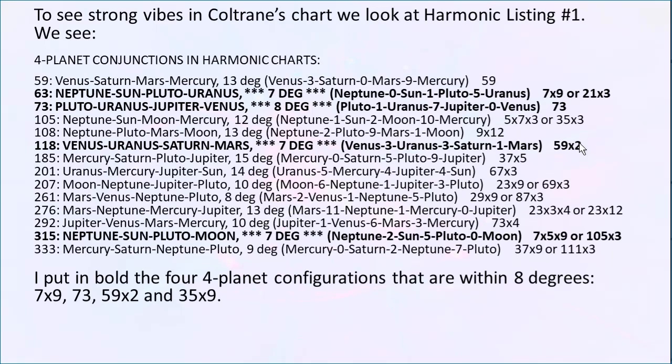We're going to go on to another step. All we've done so far is look at only one configuration in Coltrane's chart. What we're going to do next, and we will start the next video in the series with this, is see what other configurations are strong in Coltrane's chart, and we're going to see something more mind-boggling, even more extraordinary than what we already saw, which is already pretty amazing.